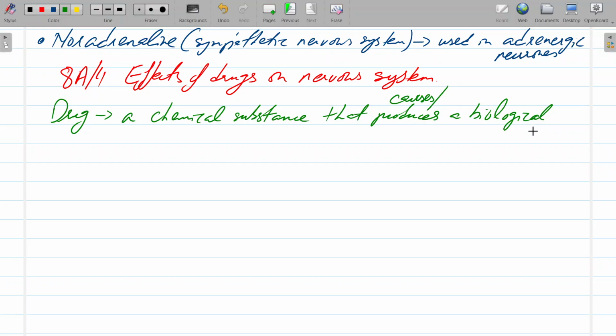So it's not just antibiotics, which kill bacteria, which is a biological effect, but they can be drugs to control the heart rate, for example. They bring down blood pressure, or slow down your pulse, or act on the absorption of some ions or molecules. All of those are drugs, and they are drugs that affect the nervous system. An example is having an effect on the blood pressure.